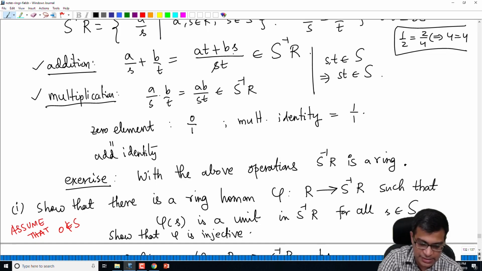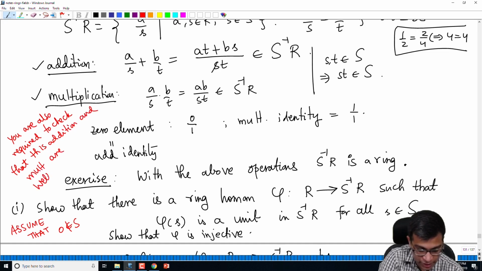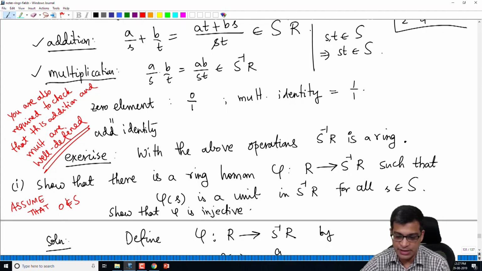So hidden in this exercise, you are also required to check that this addition and multiplication are well defined. So that's hidden in here. Only after you check that they're well defined, you can start verifying that the ring axioms are satisfied.